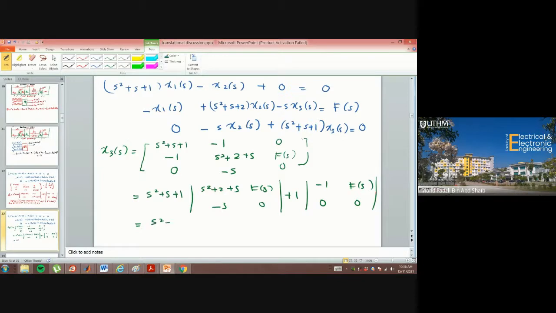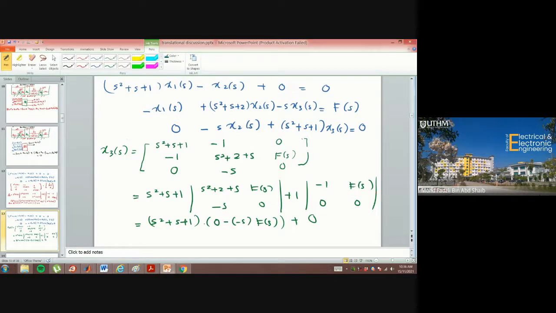So it becomes s squared plus s plus 1, 0, minus s times F(s), plus this is 0, don't worry.